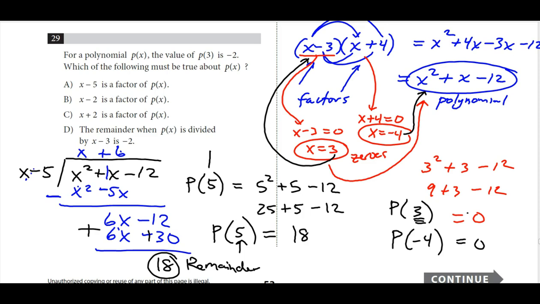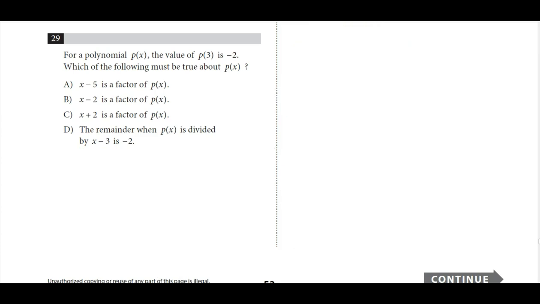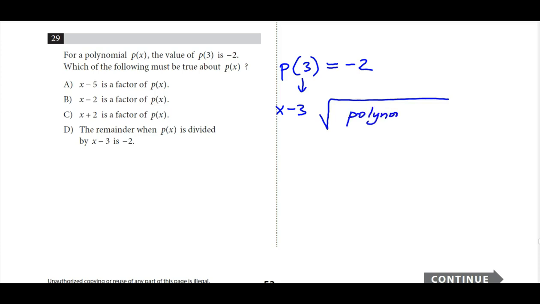When you are trying to evaluate a number into a polynomial, when you look at the opposite of that number, or its factor, the outcome here is always the remainder of the equation. So when I look at number 29, and I see that P of 3 equals negative 2, what that tells me is that when I work backwards, the factor x minus 3, when I put that into whatever the polynomial is, we don't really know what the polynomial is.